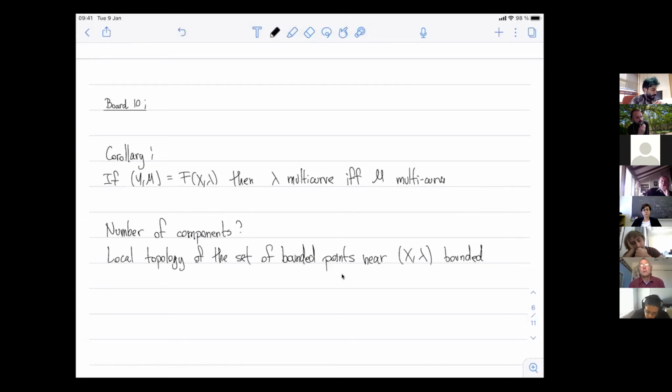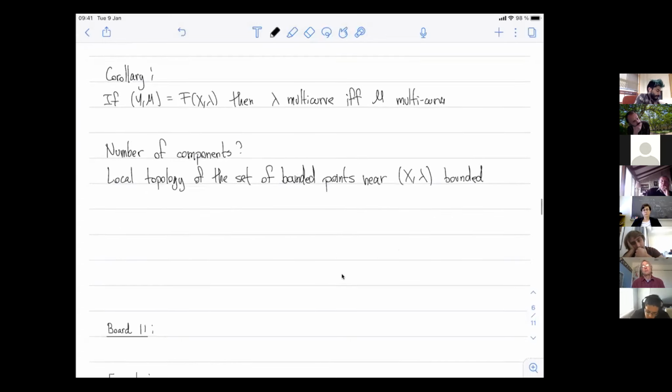What do I mean? So consider the following question: how many ways can I deform a bounded point x, lambda and stay bounded?